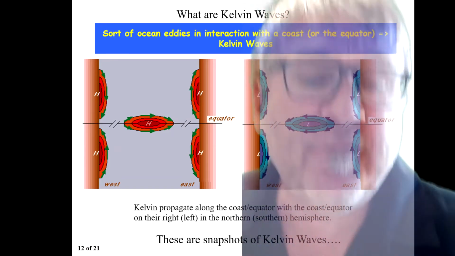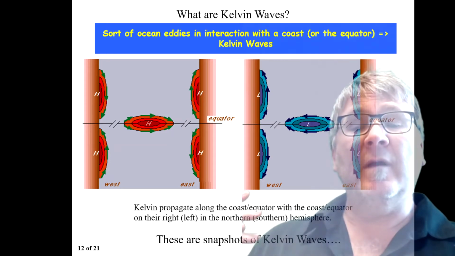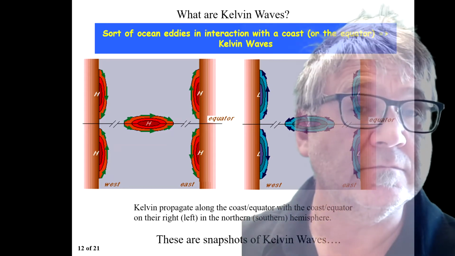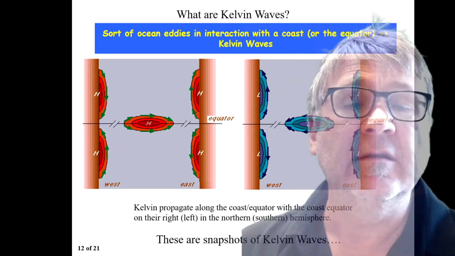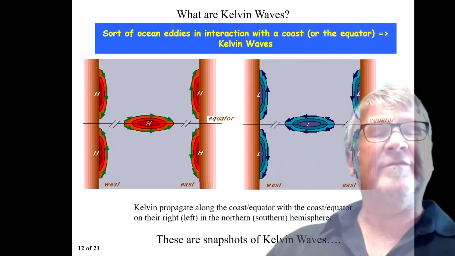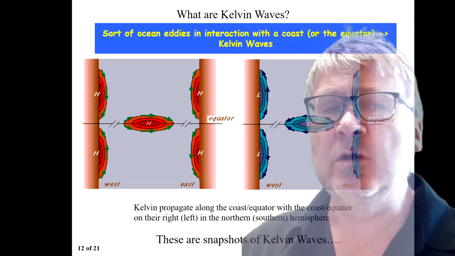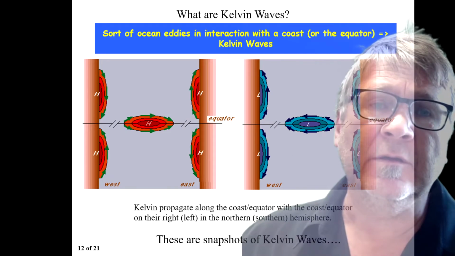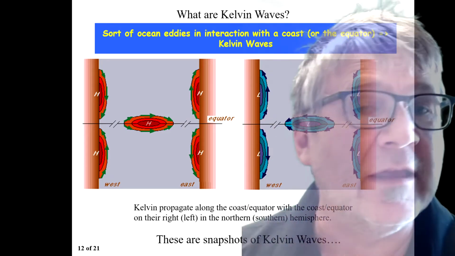You look from above, shows you high pressure features, and on the right side, low pressure. So how do you create these features? Well, you need a wind and Ekman transport, and you force water against the coastline, and you can create these features.